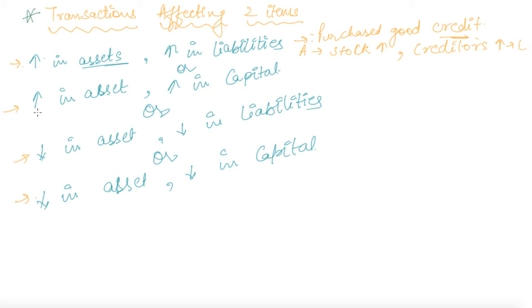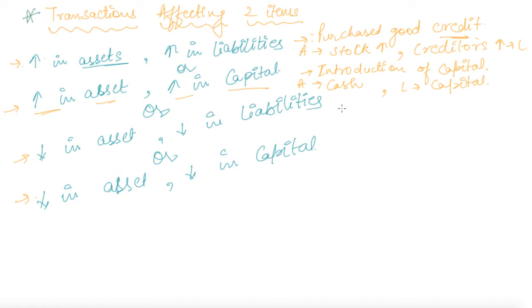Similarly, if there is an increase in asset and an increase in capital as well, for this we can take an example of introduction of capital. What will be the treatment of this statement? In this statement, your asset side will be increased by cash. Similarly, your liability side will be increased by capital, right?